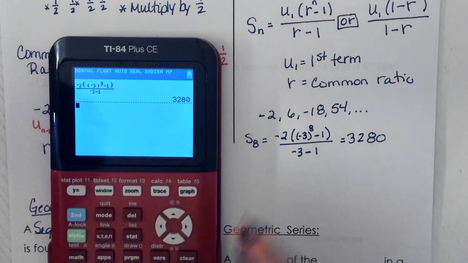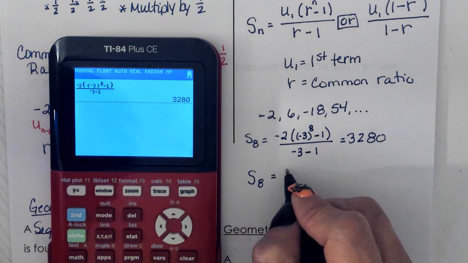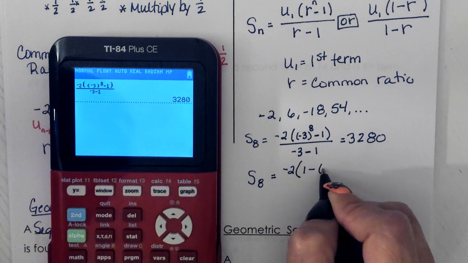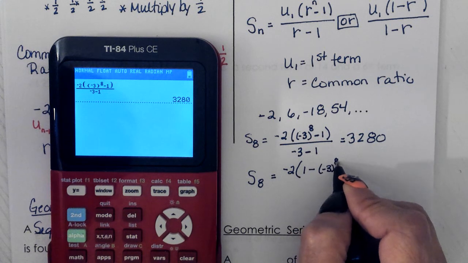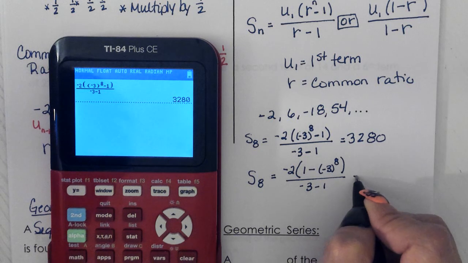Now, I want to do this the same way, but I want to use the other formula. -2 times 1 minus (-3) to the 8th power, all over -3 minus 1.